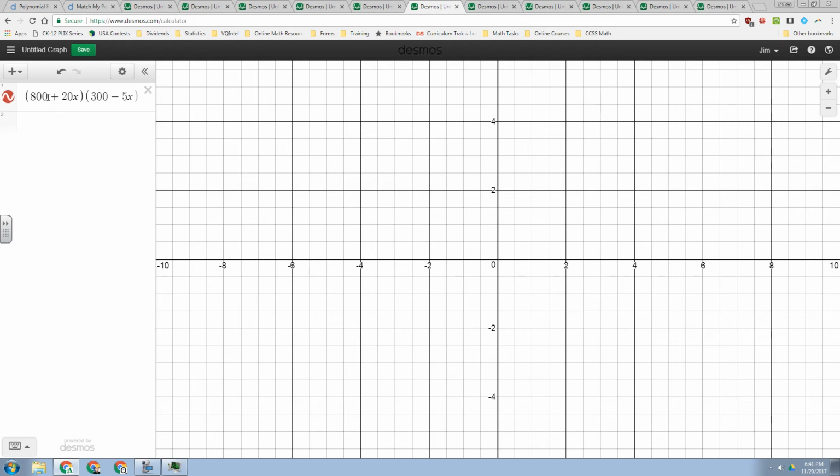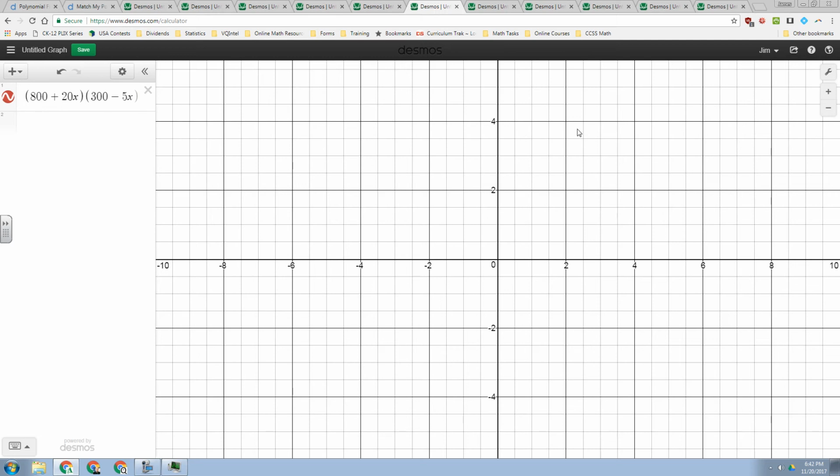That's the number of currently rented units we have. And then every time we reduce the price, we get 20 more. So that's 800 plus 20x. Then we say the rent is 300 to start with, but we take off $5 every time we lower the price. So it's 300 minus 5x. And so that is the expression for the total amount that we take in.